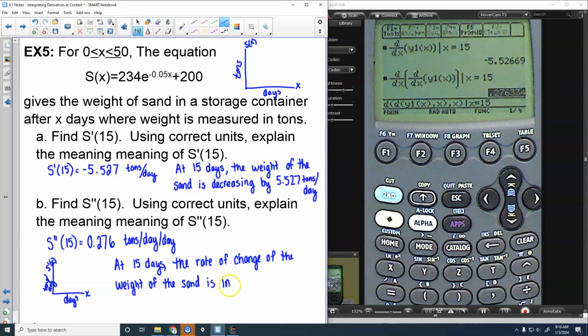Increasing. At a rate of 0.276 tons per day.